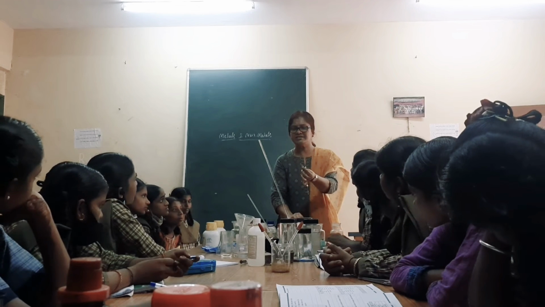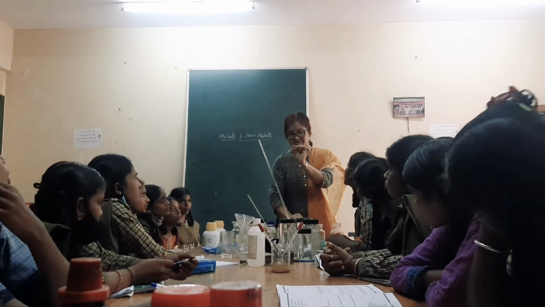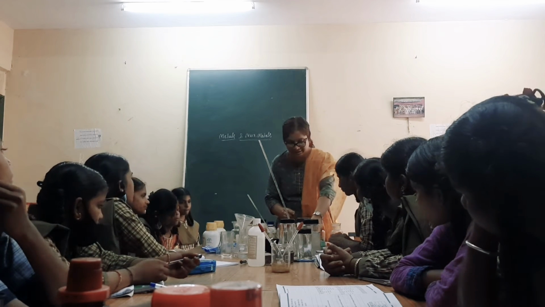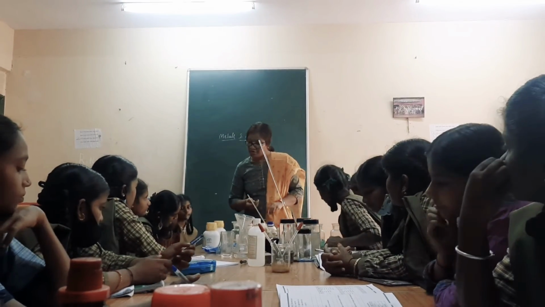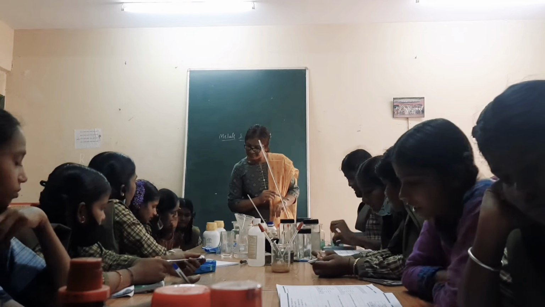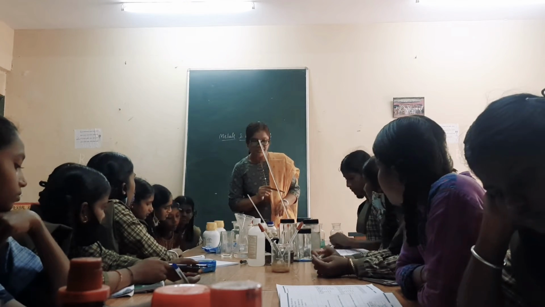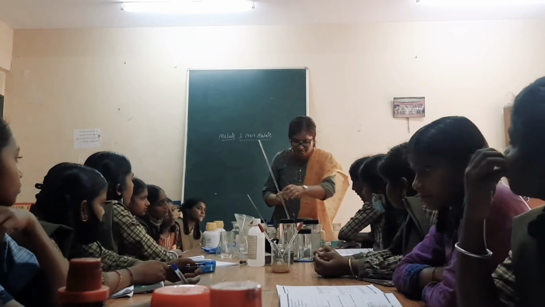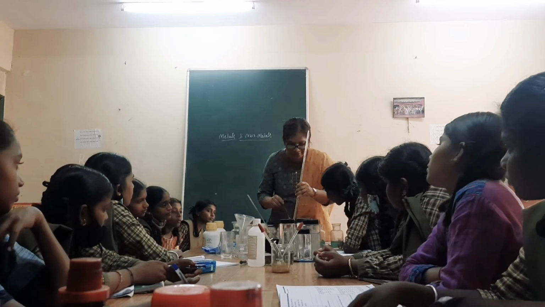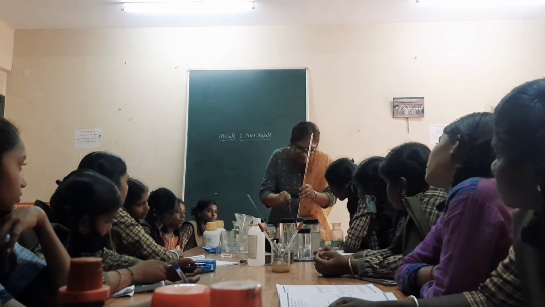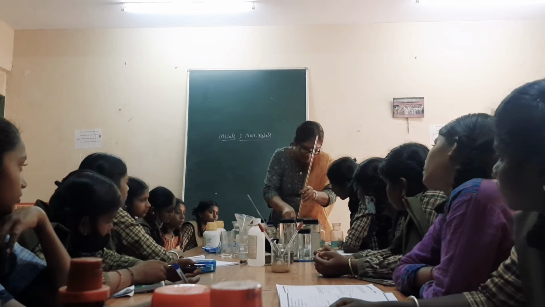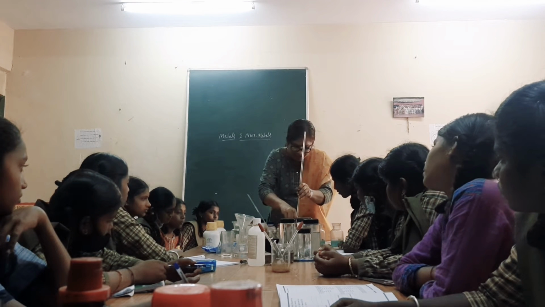Any changes? No, ma'am. So in the third beaker there is no change, right? And what about the fourth? Iron sulfate with copper. But I didn't take iron sulfate. What I took is magnesium sulfate, right? What happened here? Any changes to the copper piece?